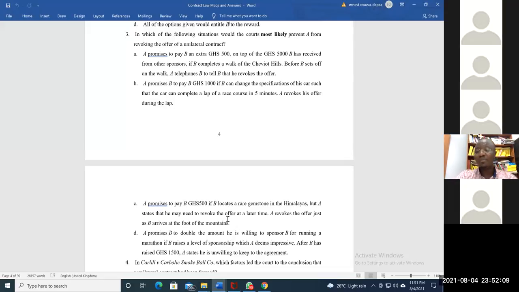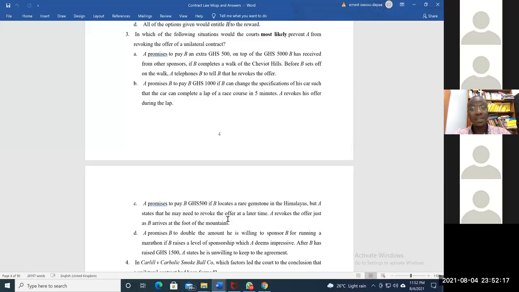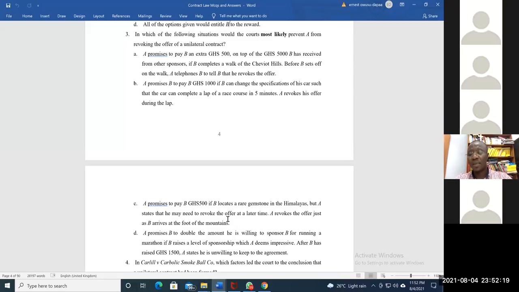In other words, will it be impermissible for the unilateral offer to be revoked? And Errington indicates that where performance has commenced, you cannot revoke. But if you look at A, performance has not commenced. And because performance has not commenced, there's nothing preventing the offeror from revoking it.